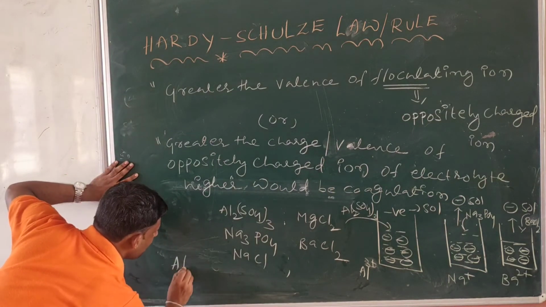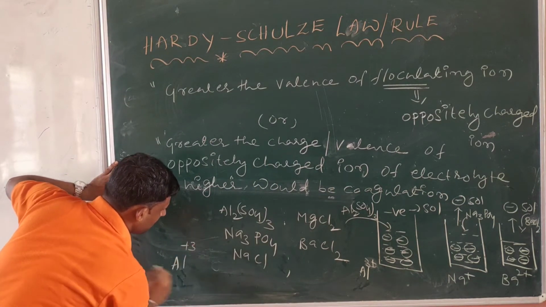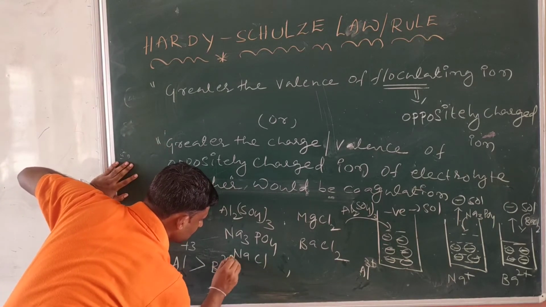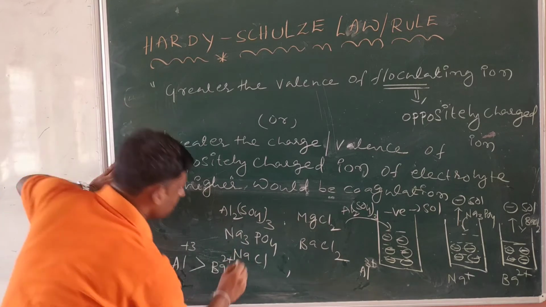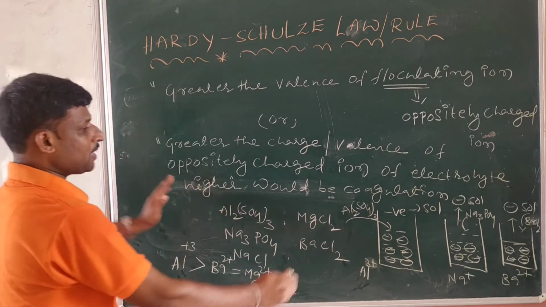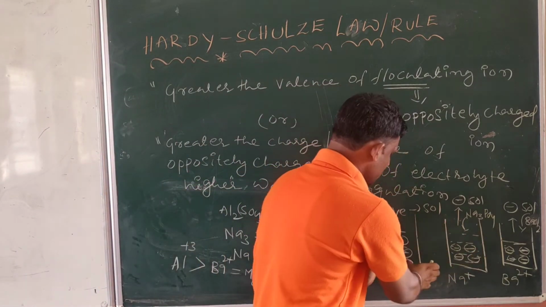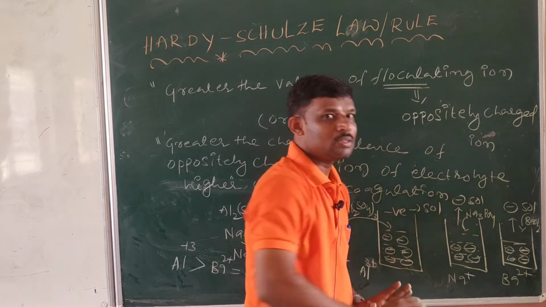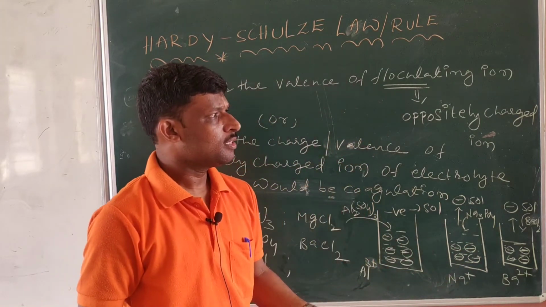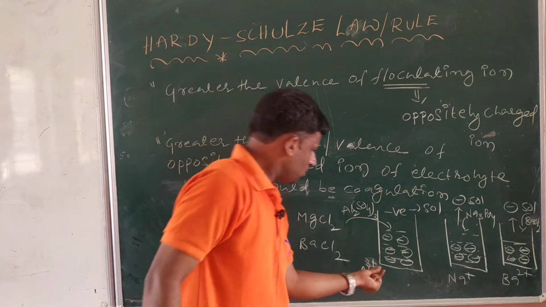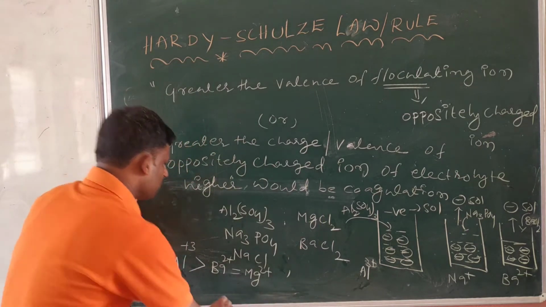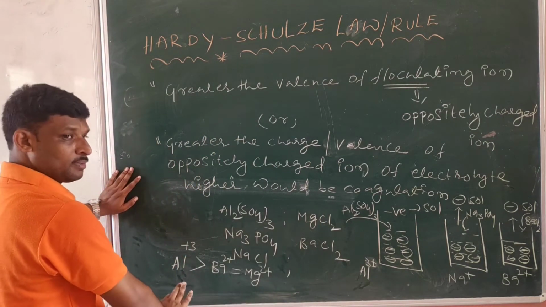So in this case, Al3+ is greater than Ba2+. Again I take MgCl2. Mg also has +2, both have the same. For example, I take a negative sol solution and add BaCl2 as well as MgCl2; precipitation takes place at the same time in both cases, no change.